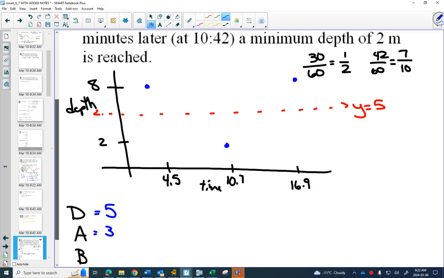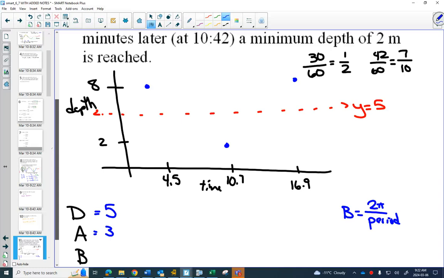Does that make sense? What is our period? Because our b value is 2 pi over our period. And our period is how long it takes to go from maximum to maximum. Or you could go maximum to minimum and just double that.